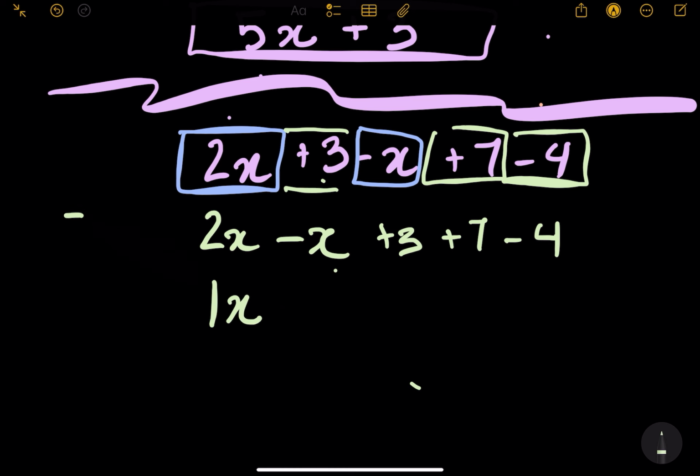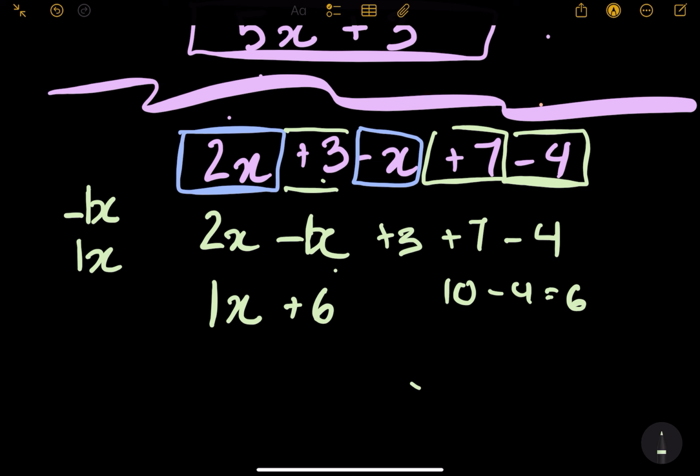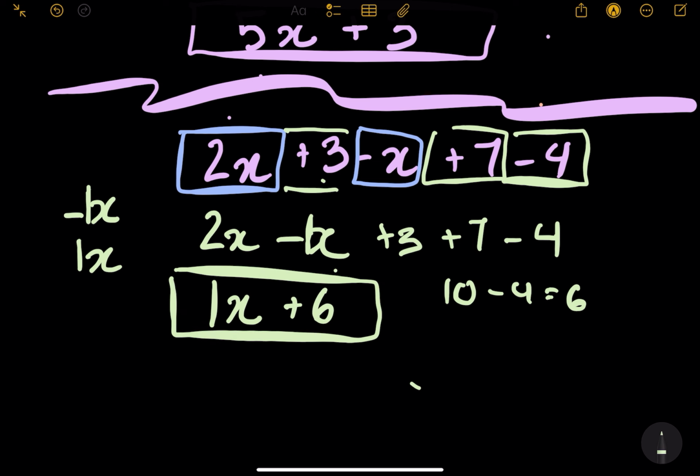When you have -x or just x, remember that there's a 1 in front of it. This is just like an imaginary 1, but you can also write that 1 here. So 2 minus 1 gives us 1x, plus 3 plus 7 gives us 10, minus 4, so 10 minus 4 gives us 6. So 1x plus 6 is our simplified expression.